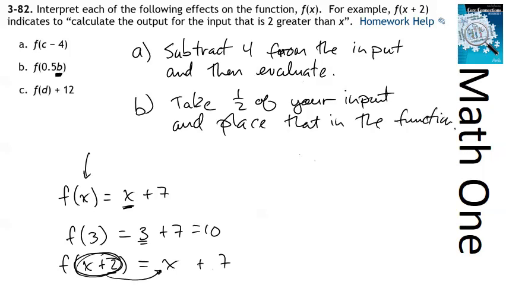And then the final one there says, just put in your input, right? Your input's going to be completely unchanged. So put D in, but then after you do that, this represents the output of the function after D goes in. So this is the output. So after you put in D, the output's represented by f of D. So this says take your output and increase that by 12, right?